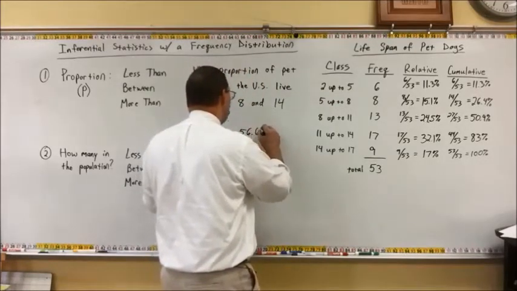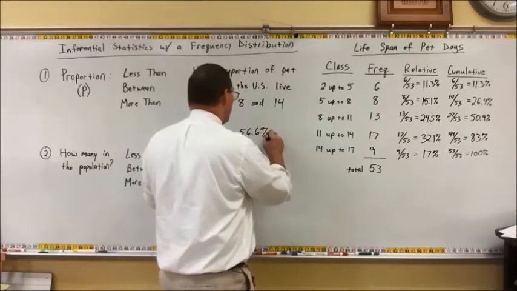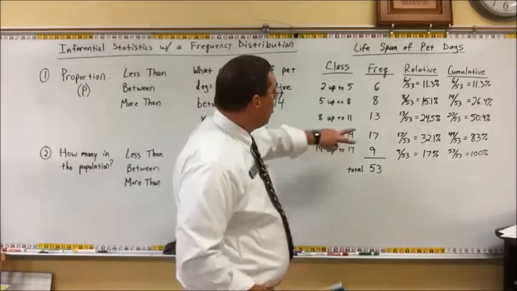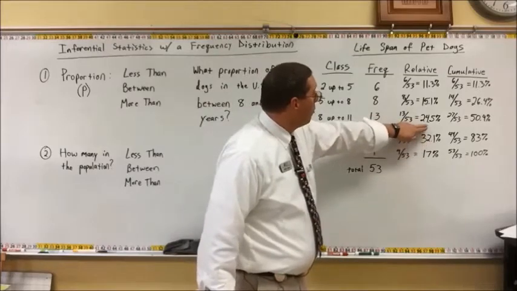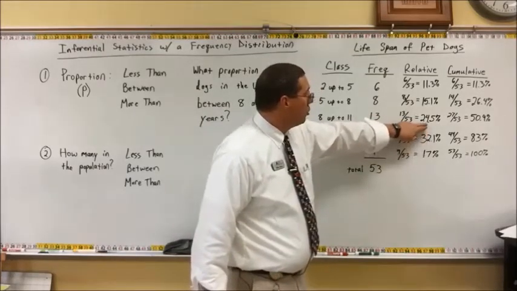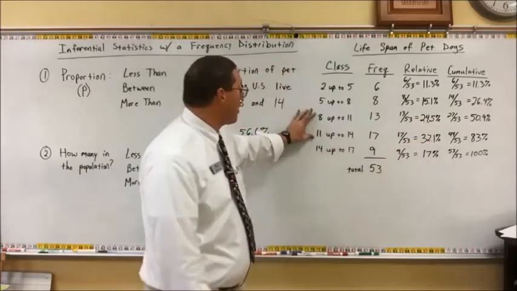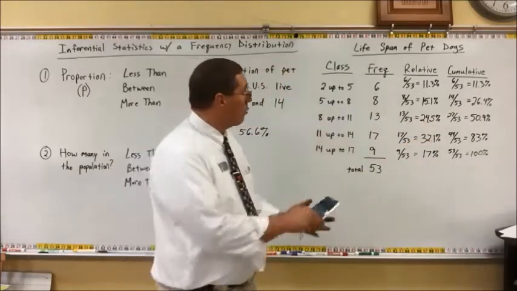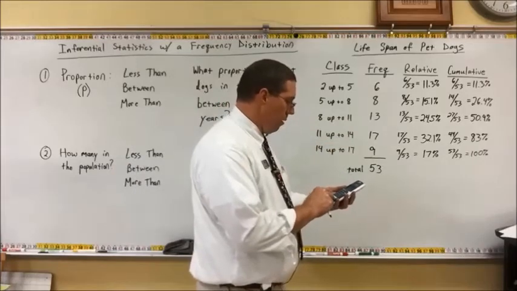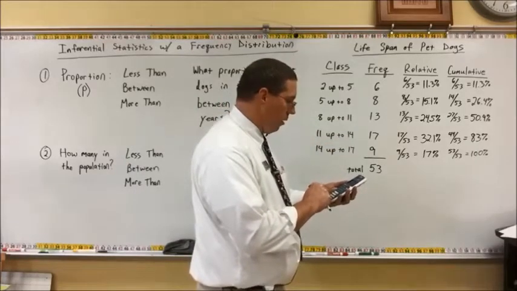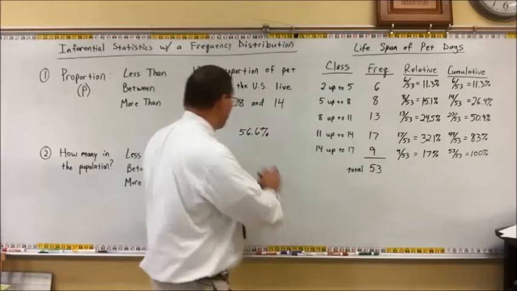Now let's prove that that is the correct answer. What we can do is add up the 2 relative percentages, 24.5 plus 32.1, on the 2 classes that are included. So 24.5 plus 32.1 is 56.6%.